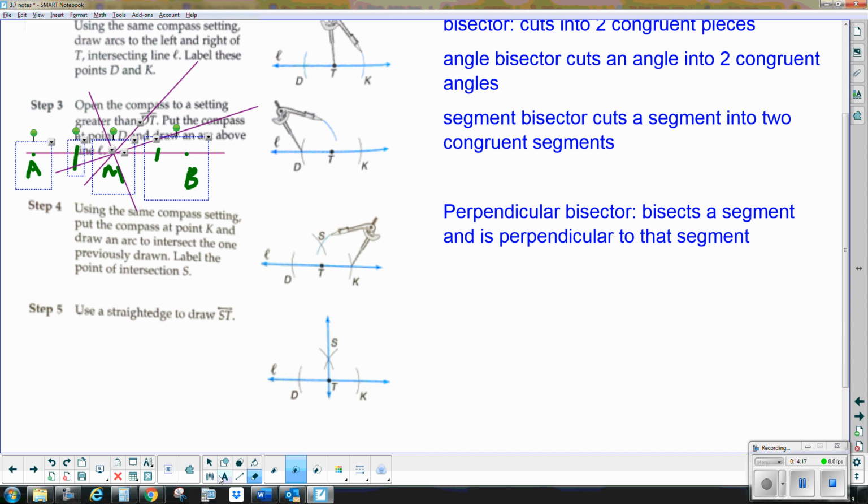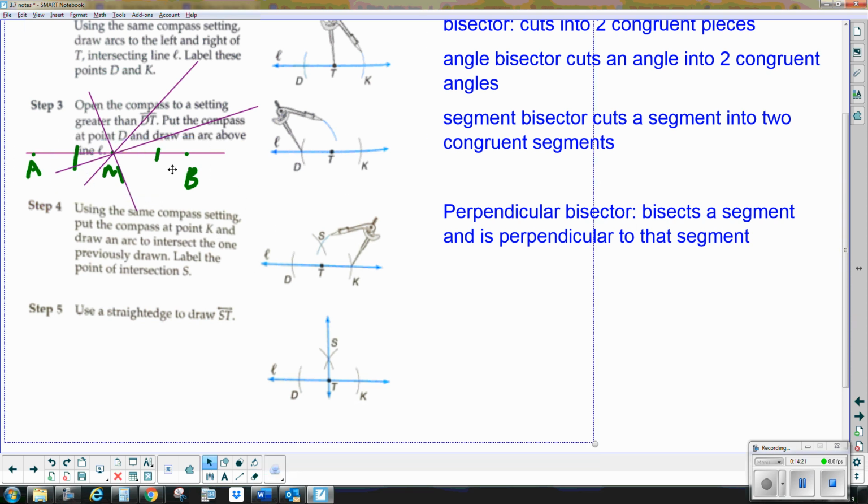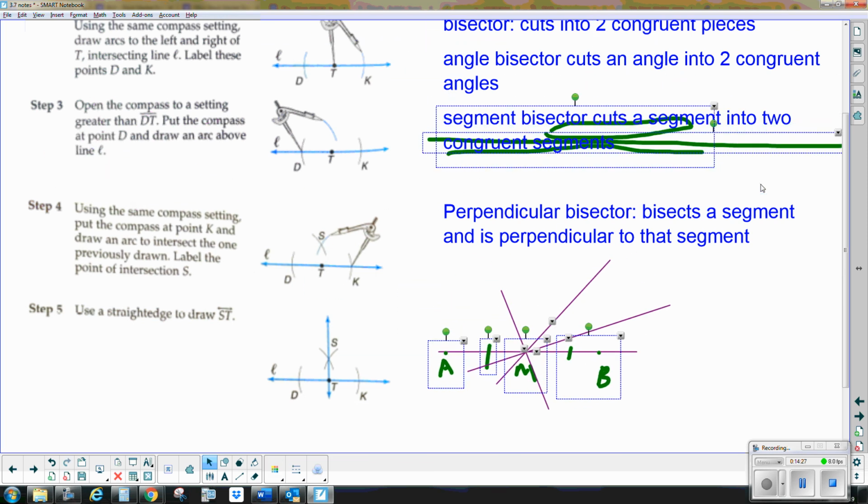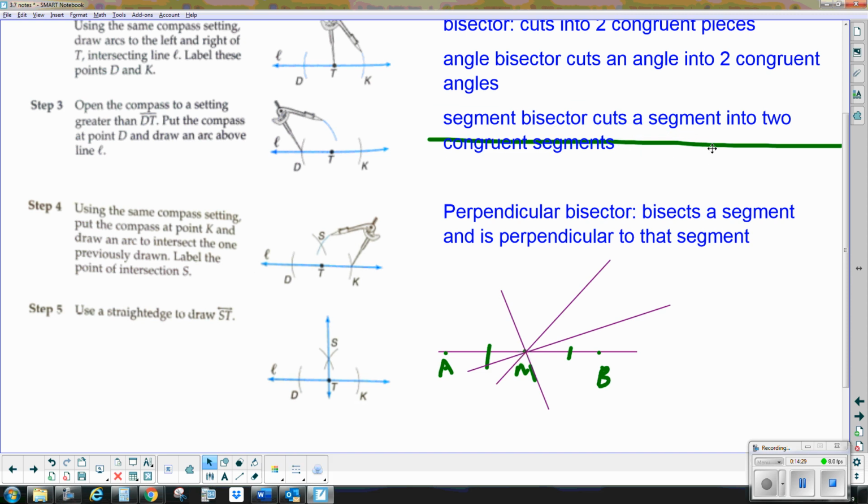Okay, so let's go back to this diagram that we had. Here's our segment AB, where M is the midpoint.